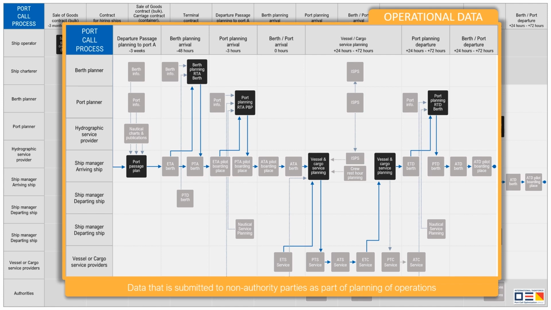The migration from faxes, telephone calls and emails to software systems interconnected using application program interfaces or APIs is underway. These will need to exchange data using minimum IMO and ISO standards as the basis to ensure global uniformity and create the opportunity for efficiency improvements in ship-shore communications.